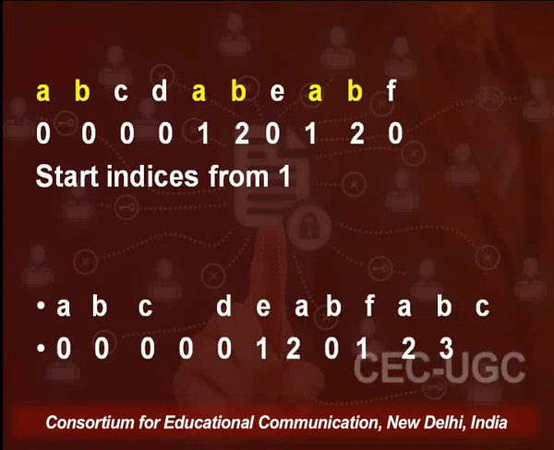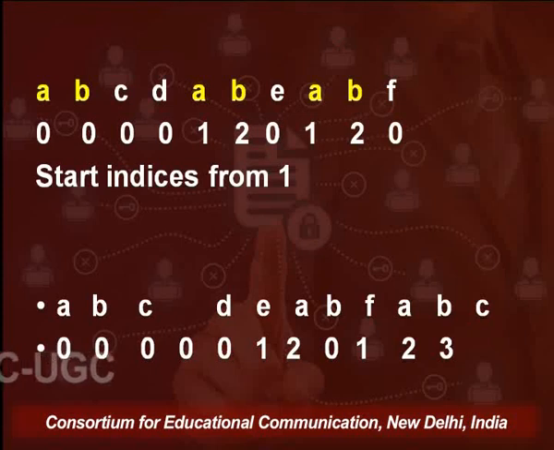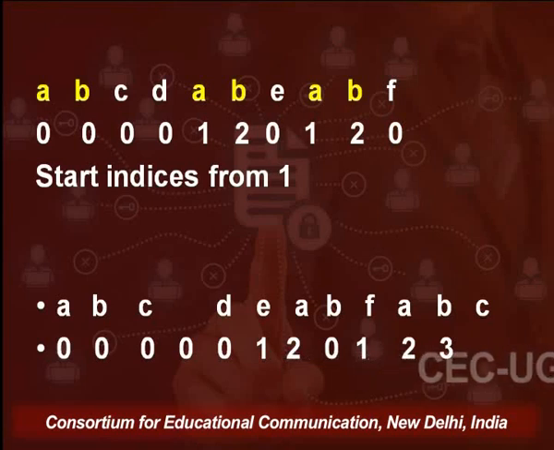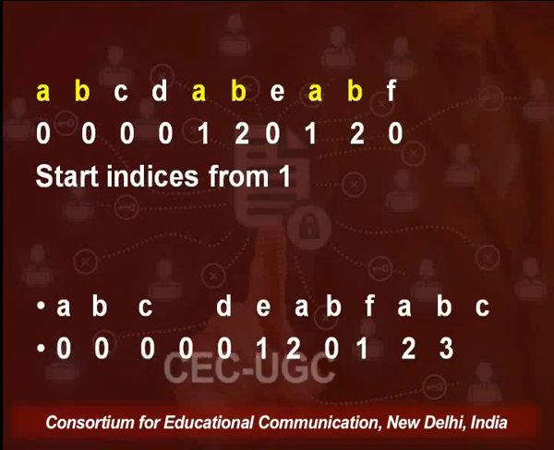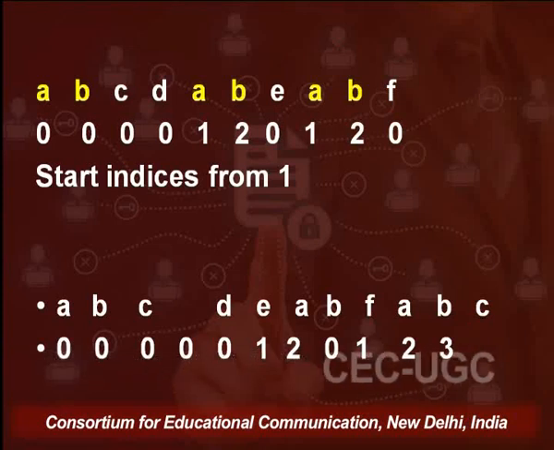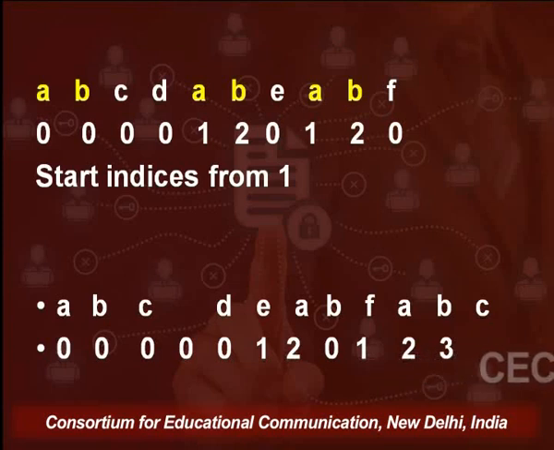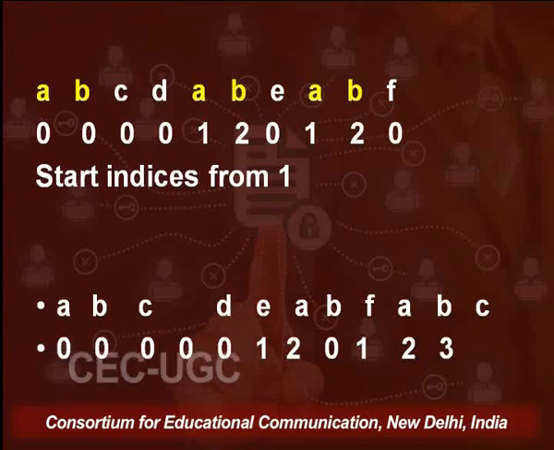Coming to the next example, which says A B C D E, then A B F A B C. A B C D are not matching, neither E, then A and B again at position number 1 and 2 are there, and then again A and B at position number 1, 2, and yes, C is also at 3.